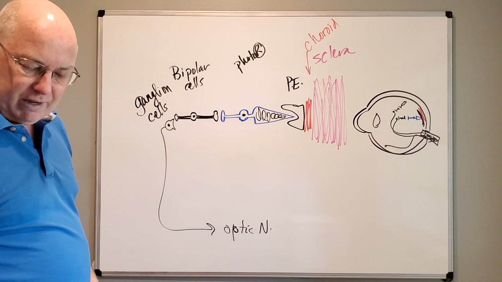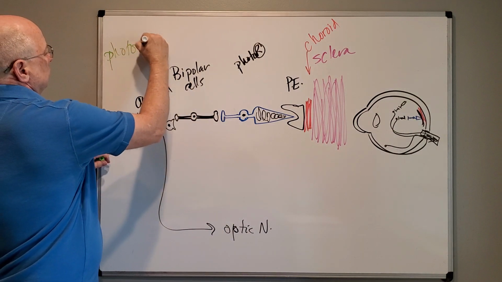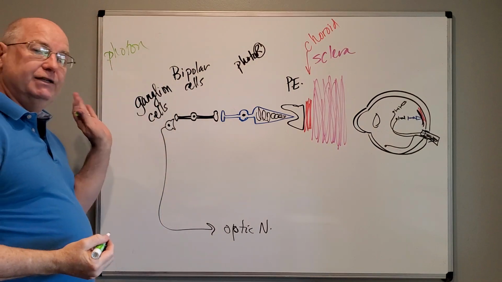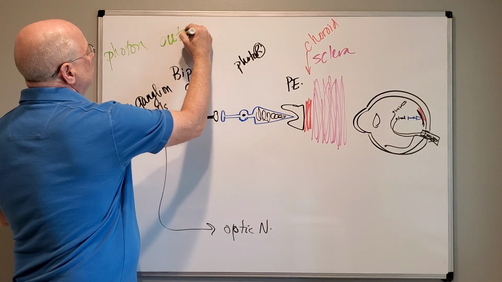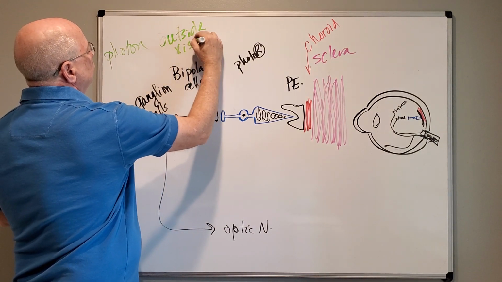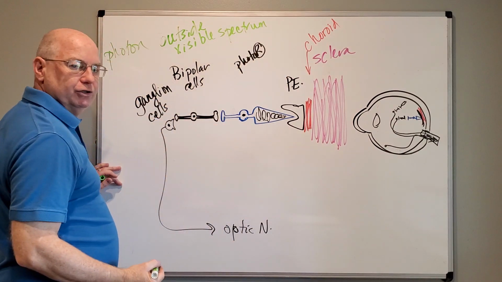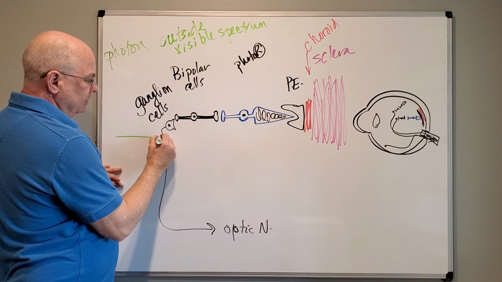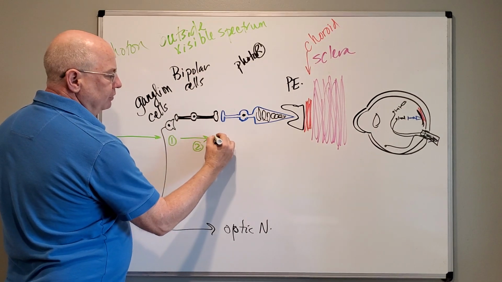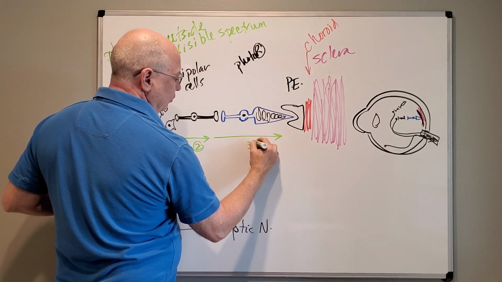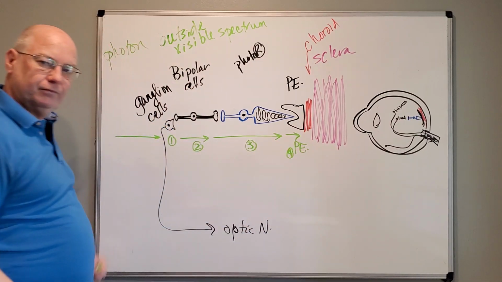So a photon of light is going to enter our eyeball. And if that photon of light lies outside the visible spectrum, one that cannot be absorbed by our photoreceptors, that photon of light will come in, it will pass the ganglion cell, it will pass the bipolar cell, it will pass the photoreceptor, and then will be absorbed by the pigmented epithelium.